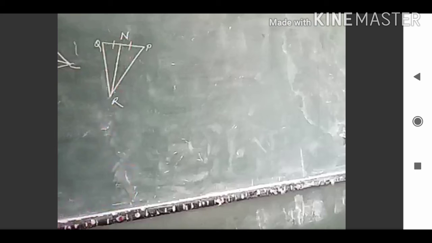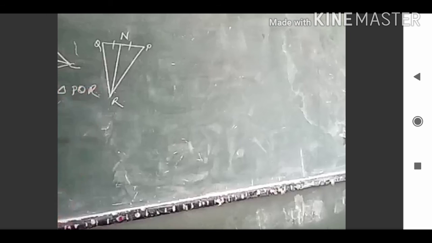So write that CM and RN are the two medians of triangles ABC and PQR. And the given is triangle ABC similar to triangle PQR.